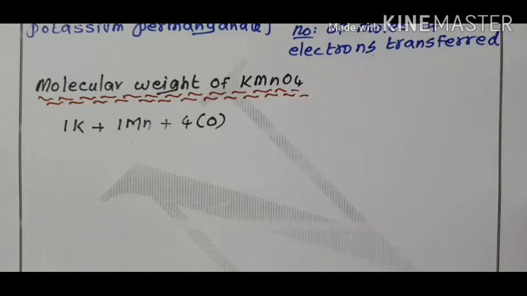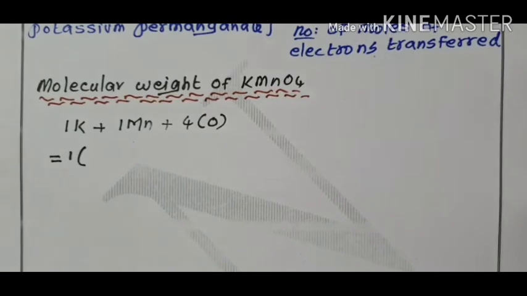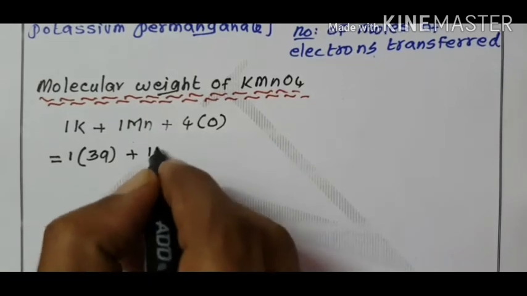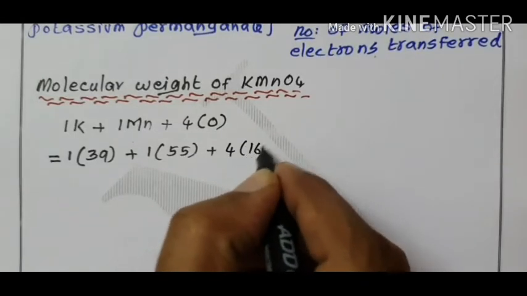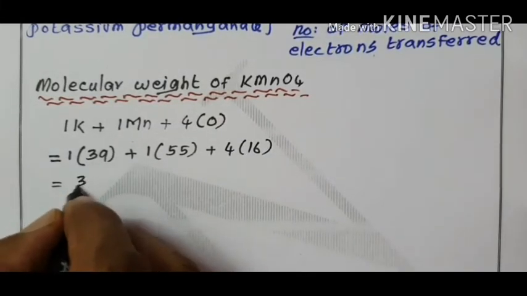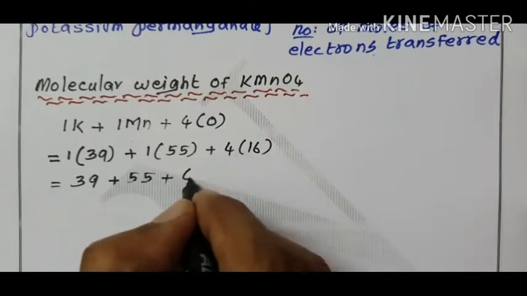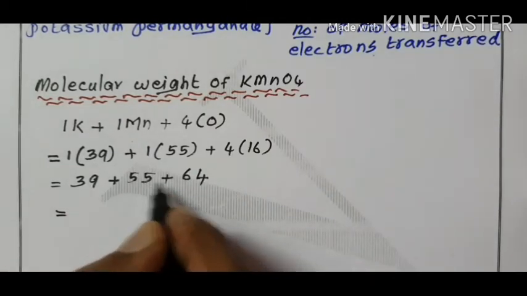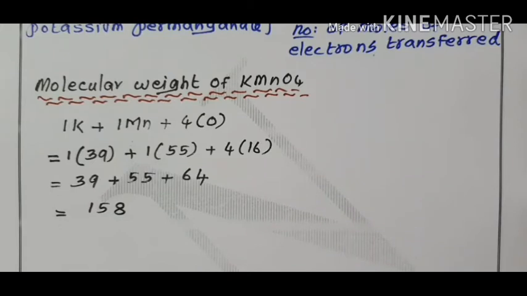Atomic weight of potassium 39, plus manganese 55, plus 4 into 16, which is 64. 39 plus 55 plus 64 equals 158. 158 is the molecular weight of potassium permanganate.